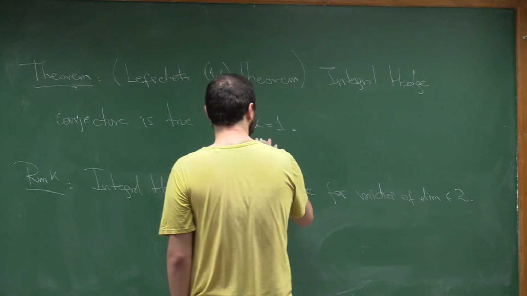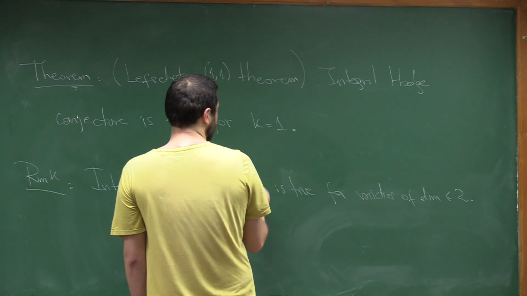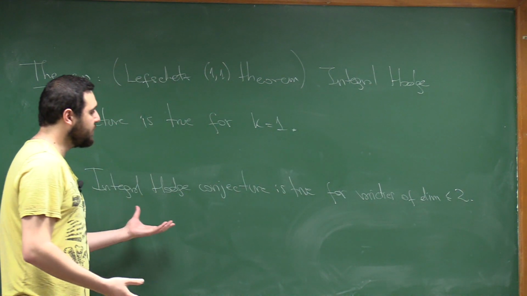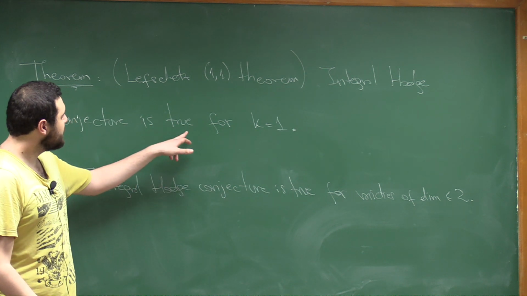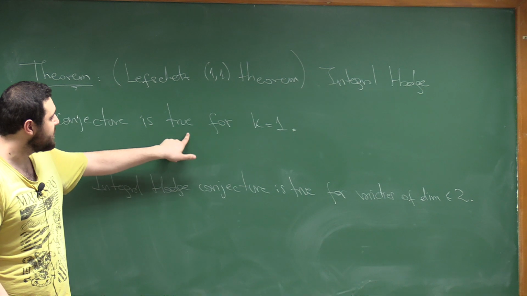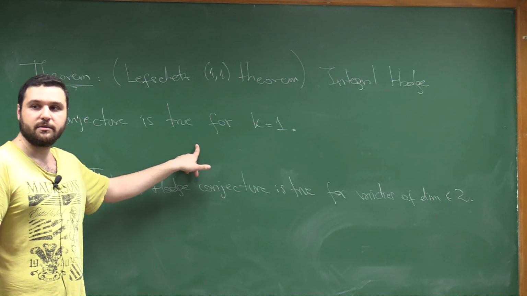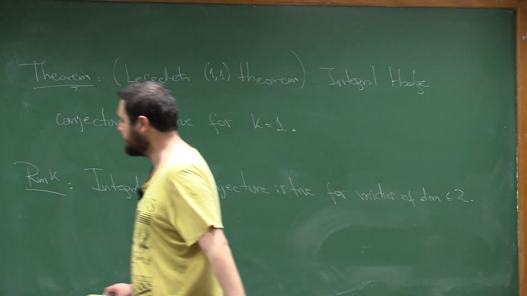I mean, for k equals 0 and k equals n, it's obvious, and so it's obviously true for curves, and for surfaces it is true since the Lefschetz 1-1 theorem gives you the case k equal to 1, right? So for surfaces, the integral Hodge conjecture is true.